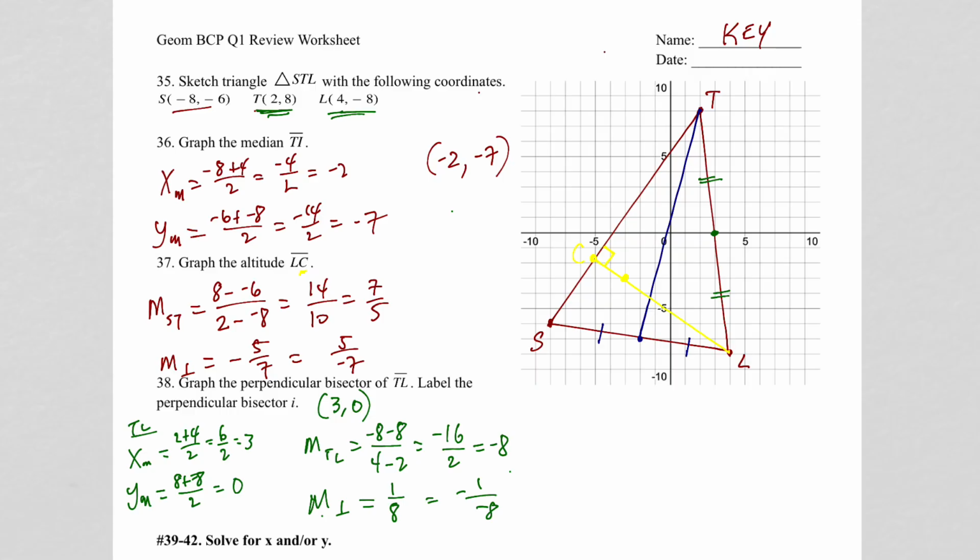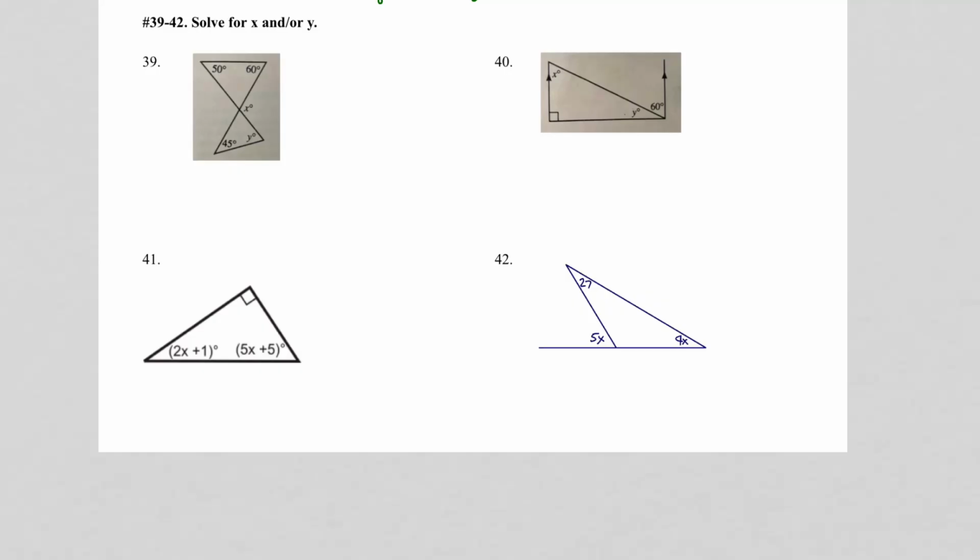That point right there. And so now I'm going to take a ruler and go through those 2 points. And I got to draw my right angle marking right there. And that's it.